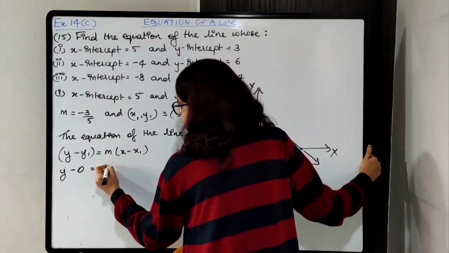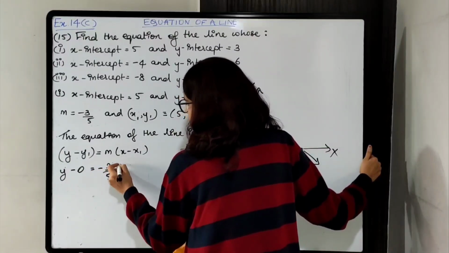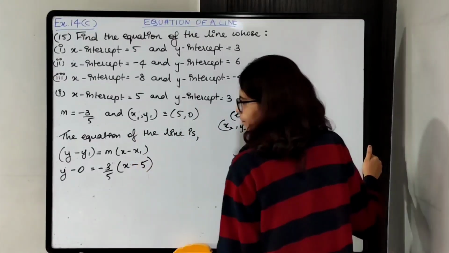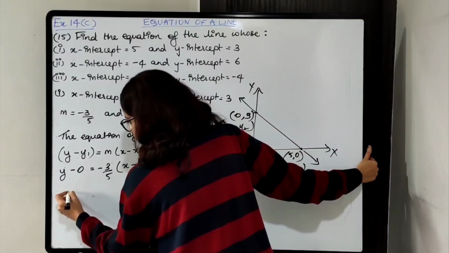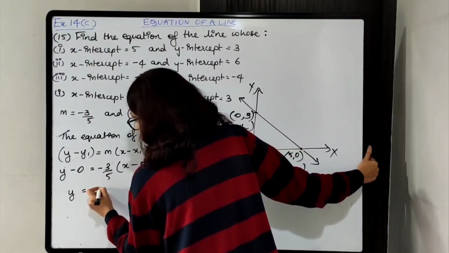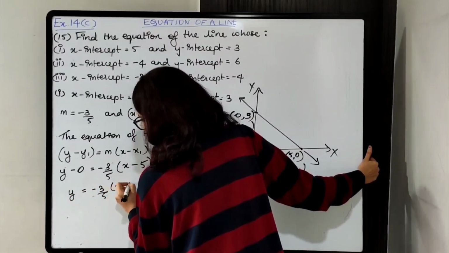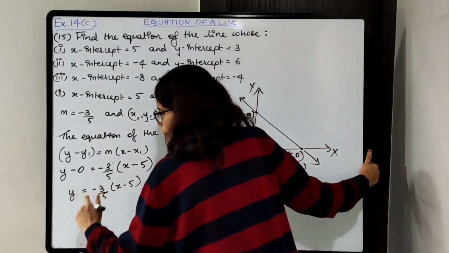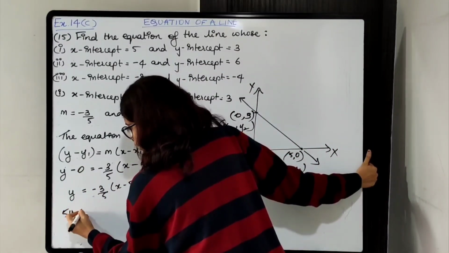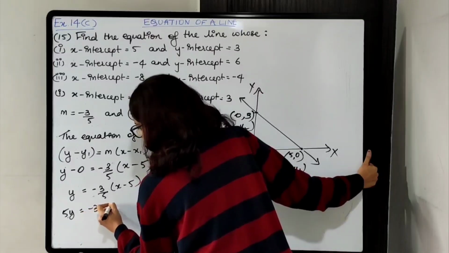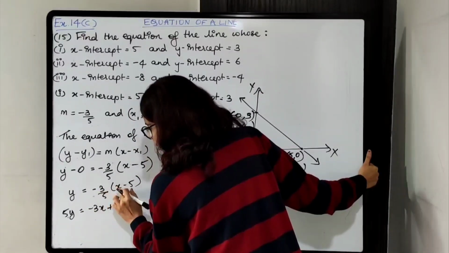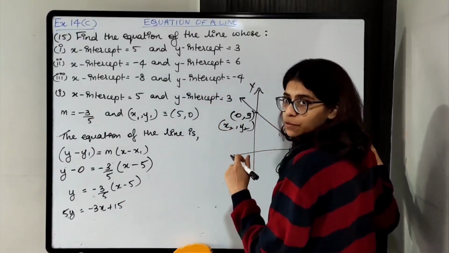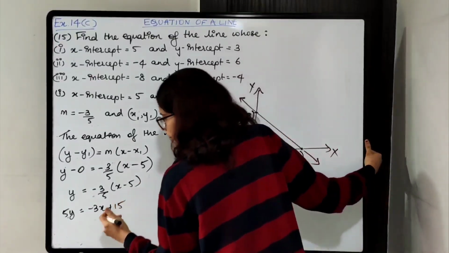M is minus 3 upon 5 into x as it is, x1 is 5. Now y minus 0 will give y equals to minus 3 by 5 into x minus 5. We'll shift 5 on the other side. So 5y is equal to minus 3x plus 15. Minus 3 into x is minus 3x, minus 3 into minus 5 will give plus 15. Minus into minus becomes plus.